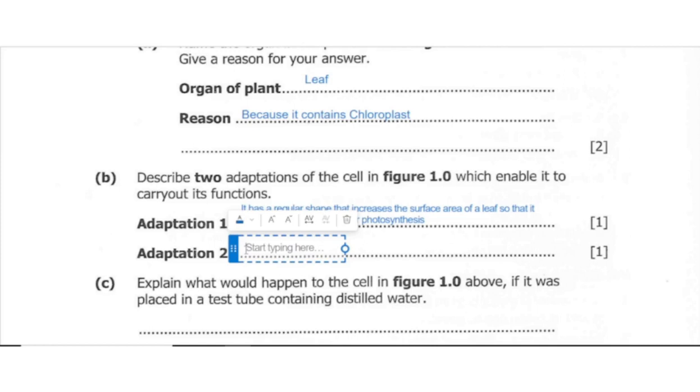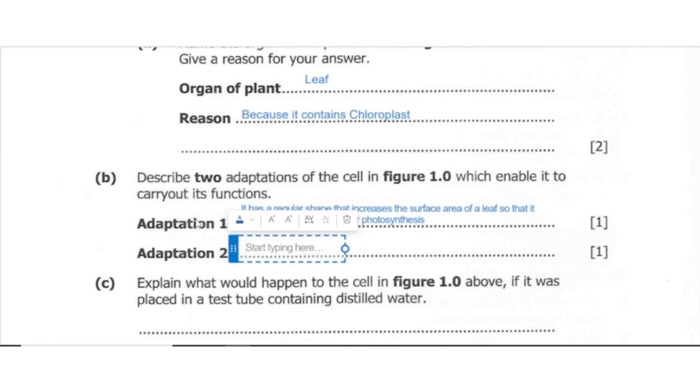So in this question we were asked to describe two adaptations of the cell in the figure which enable it to carry out its function. For it to carry out photosynthesis, it needs to have chlorophyll.